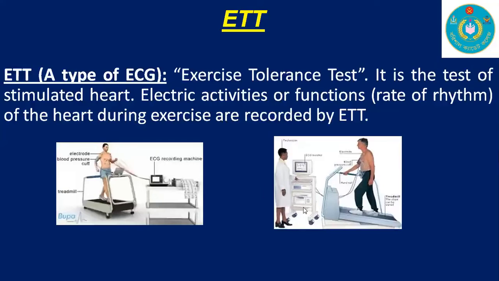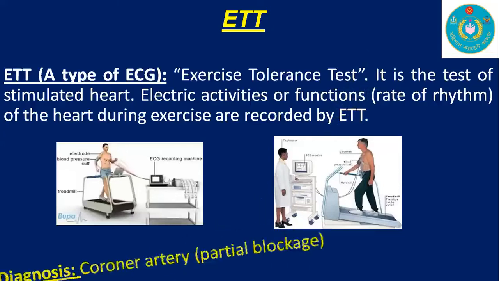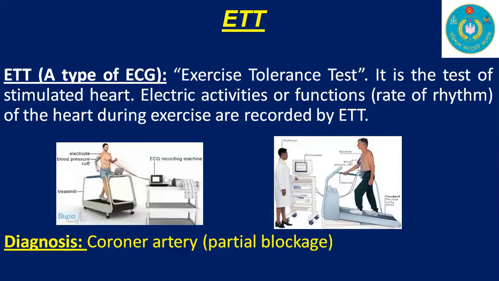This is also the same type of image. This is the ECG machine, and this is a treadmill. When we exercise, we record the ECG, and the ECG recorded during exercise is called ETT. And by ETT, we can diagnose coronary artery disease or partial blockage in the heart.